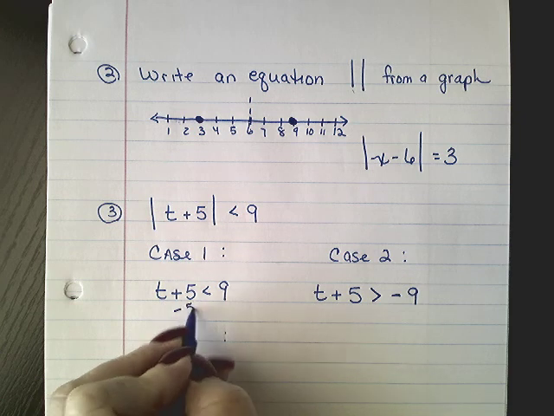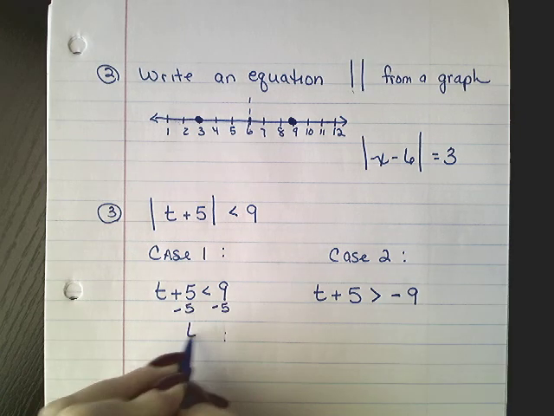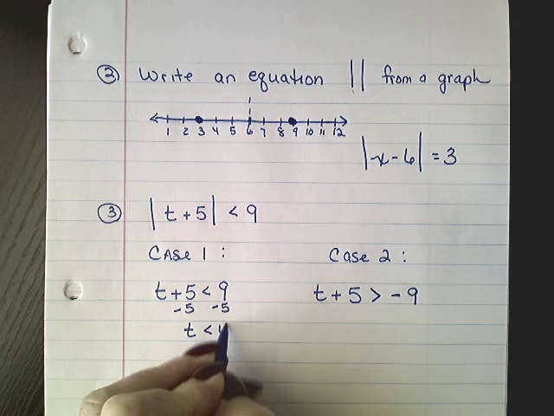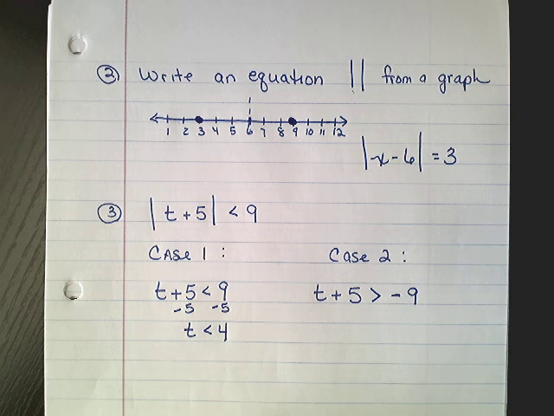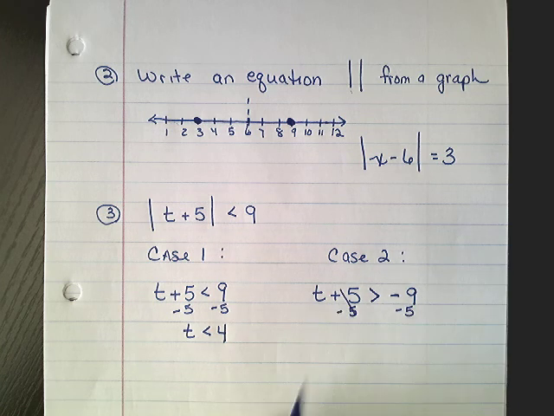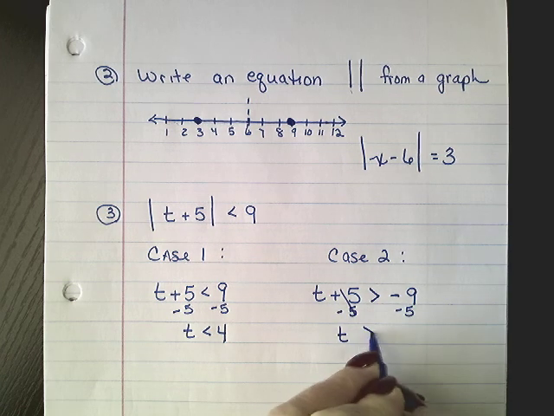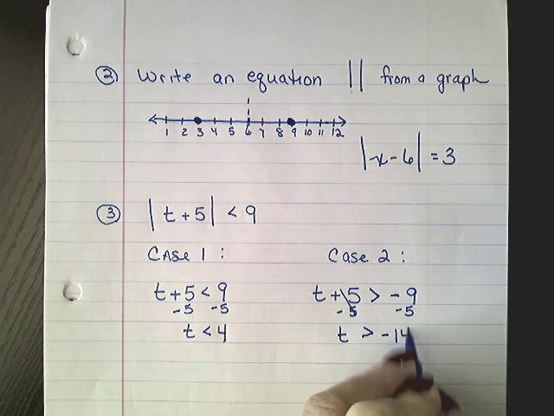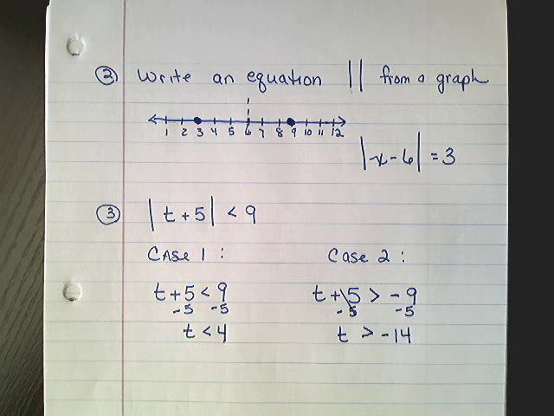So now if we solve, we're going to subtract 5 from both sides. So t is going to be less than 4. Okay, here we're going to subtract 5 from each side again, and we're going to get t is greater than negative 14. So if t is greater than negative 14 and t is less than 4, then we have that intersection piece in between.